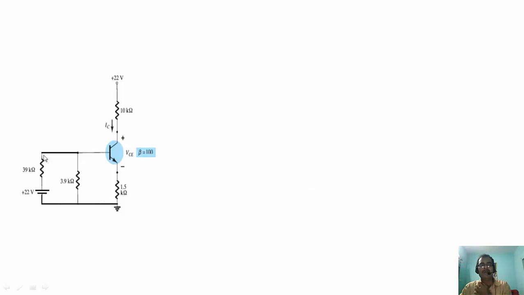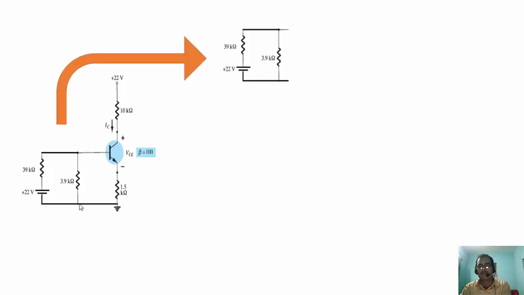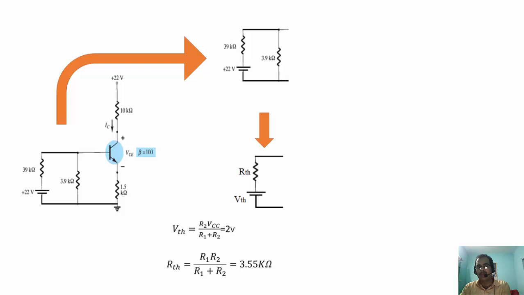Now we have to apply Thevenin theorem for this circuit. This is the circuit. We have to find Thevenin voltage and Thevenin resistance. The equivalent diagram of this network is shown as below.